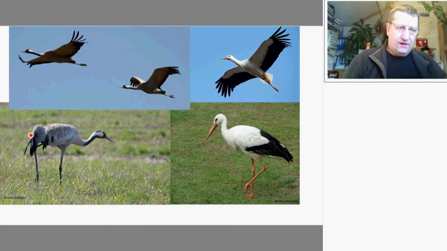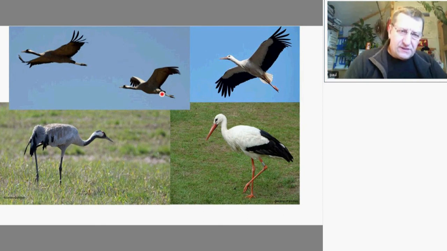When they're walking, you can see the tail, and they have this shape of head, a not so very big bill compared to the stork. The stork's bill is usually more colored, and the legs of the stork are also colored. The legs of the crane are more dark.